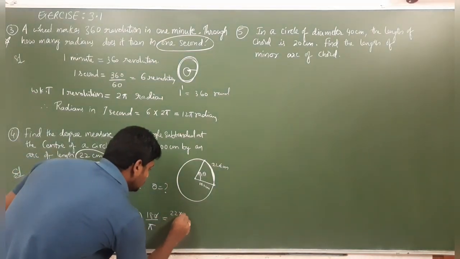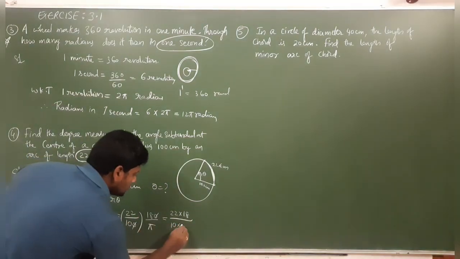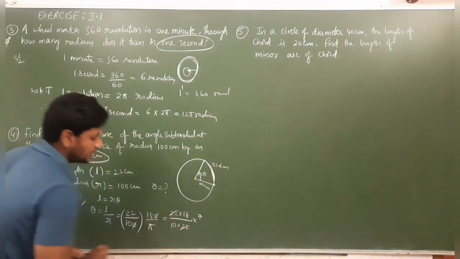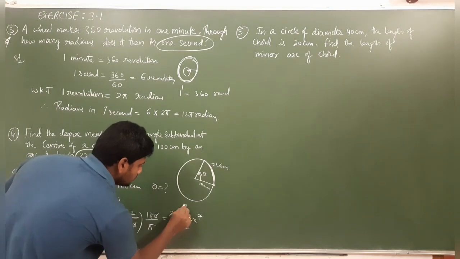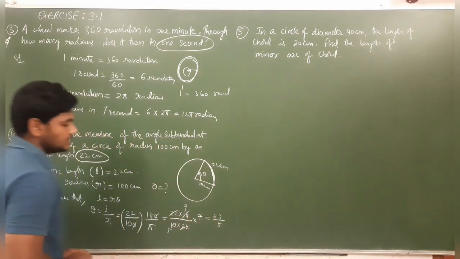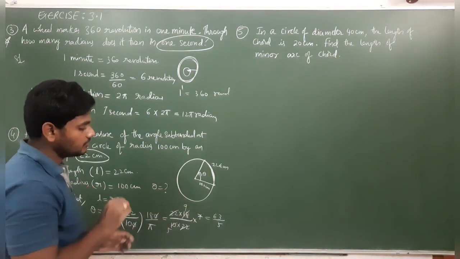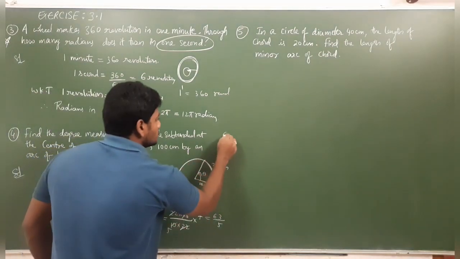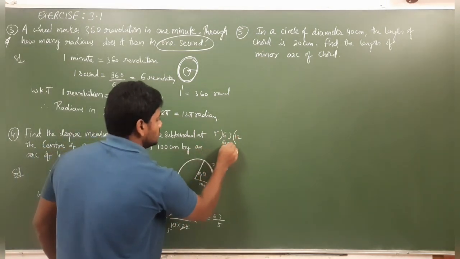So this is 22 into 18 divided by 10, into, this pi is nothing but 22 by 7. The 22 cancels. 2 5s and 2 9s. 9 7s are 63, so 63 by 5. This is still in terms of degrees, but we need to convert into appropriate form. So that is nothing but 63 by 5. You divide: 5 12s are 60.